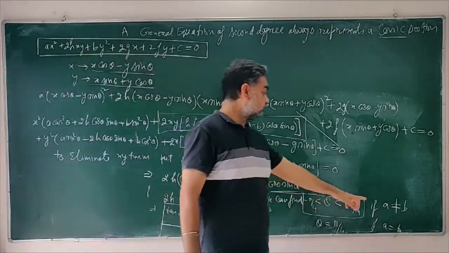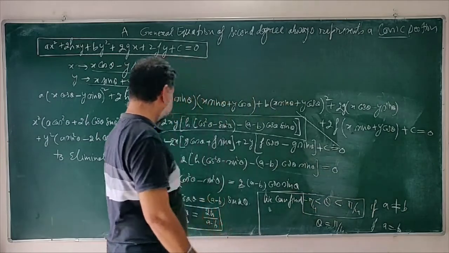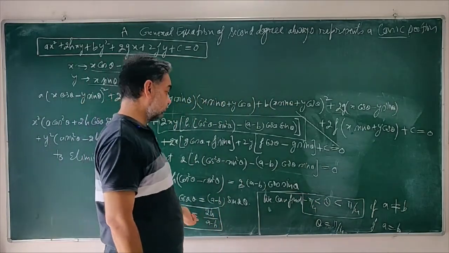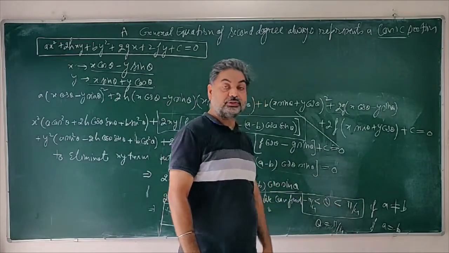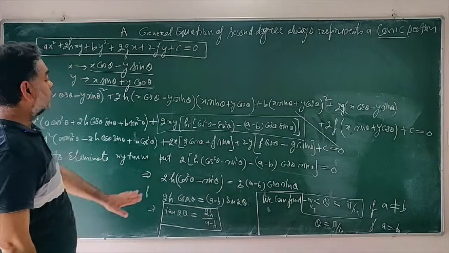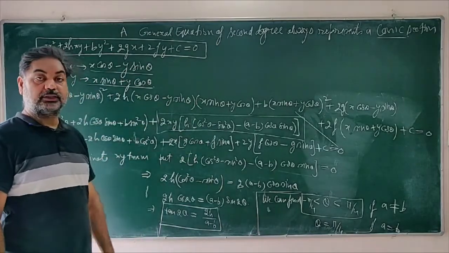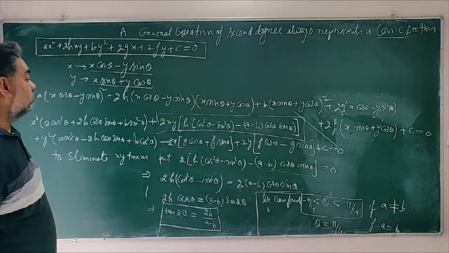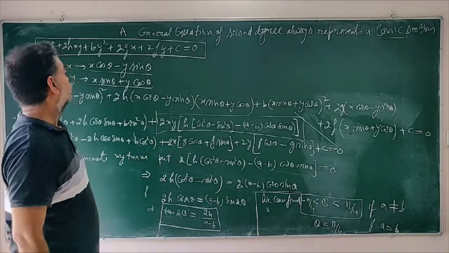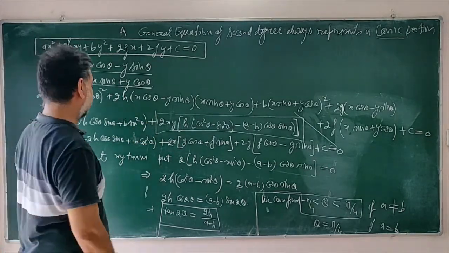And if a is not equal to b, then also you can find a theta from this equation. That theta will lie between these two angles, minus pi by 4 to pi by 4, such that the xy term gets eliminated. So we can definitely eliminate the xy term from this equation.